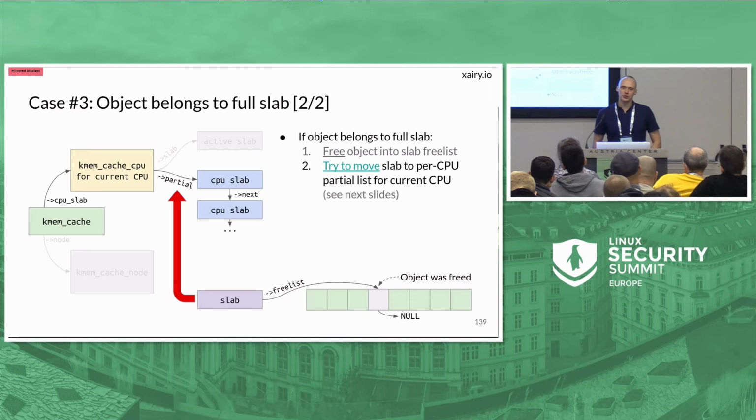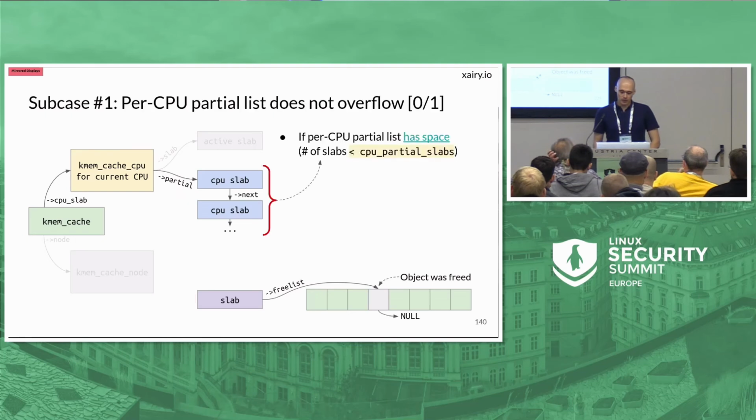So what the SLUB allocator is going to do is try to put this slab on the per CPU partial list. The only problem is that we have a certain limit on the number of slabs that we might have on the per CPU partial list. And depending on whether this limit is exceeded or not, different things happen.